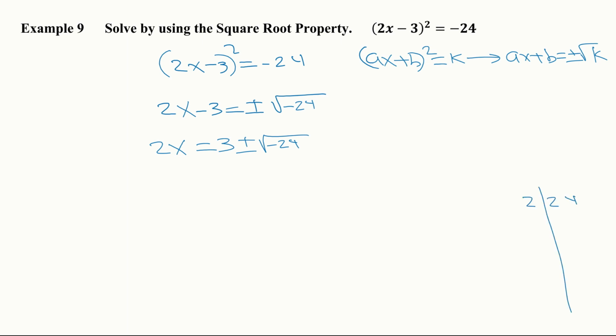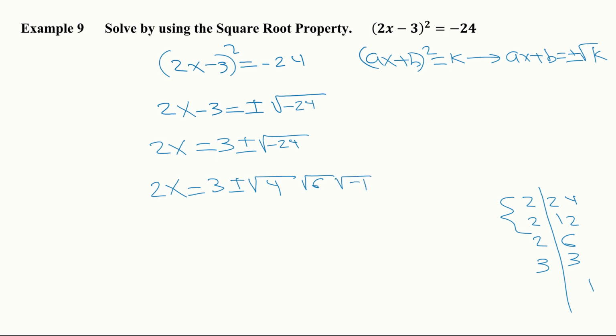24, 2 gives me 12, 2 gives me 6, 2 gives me 3, 3 gives me 1. We already did this. So we can basically say 2x equals 3 plus or minus square root of 4 times the square root of 6 times the square root of negative 1, right?